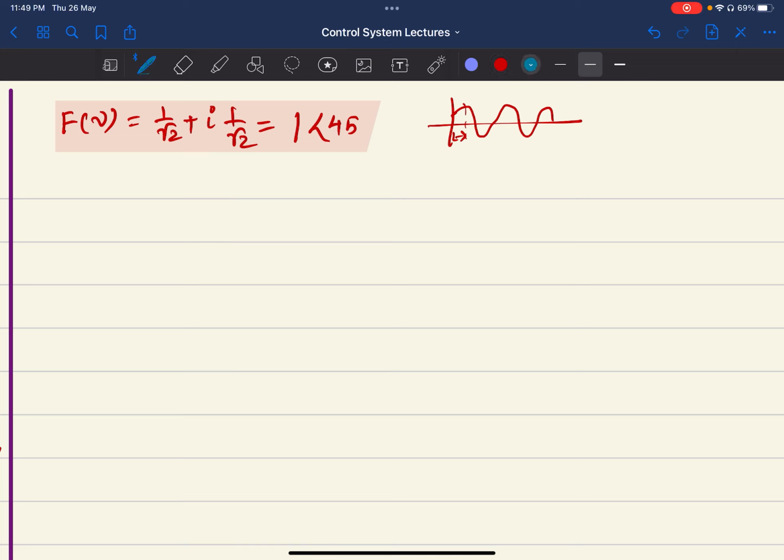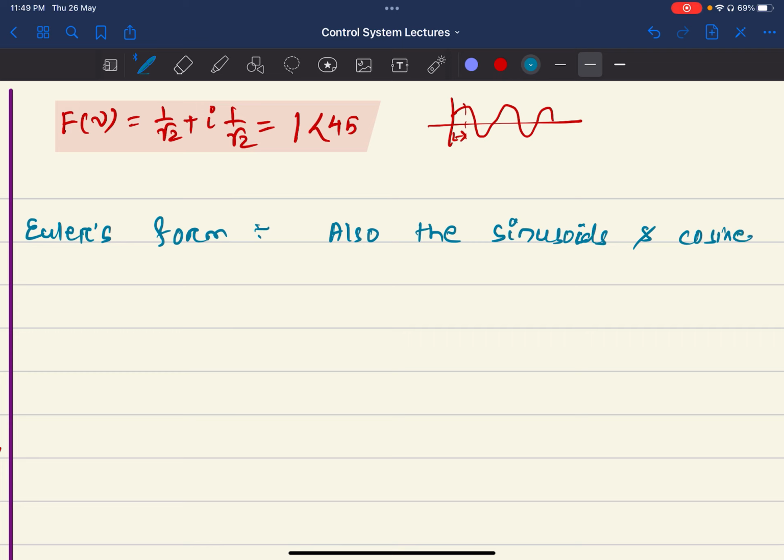Okay, and you know the Euler's form. It says sinusoids and cosines can be described using this Euler form.